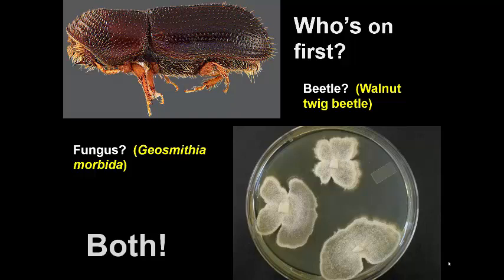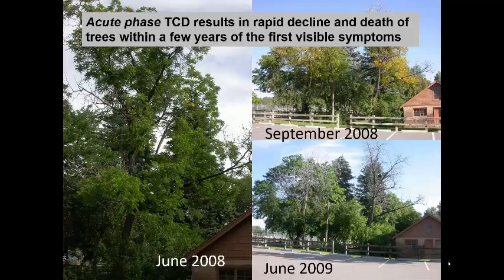It involves a beetle that introduces the fungus and does some tunneling on its own. That includes the fungus, which will spread and create a canker. But who's most important in this situation? You can't separate them. They're both equally important. You have to have both to get full-blown acute phase thousand cankers disease, unlike, say, Dutch elm disease, where the fungus is clearly the more important of the two partners.